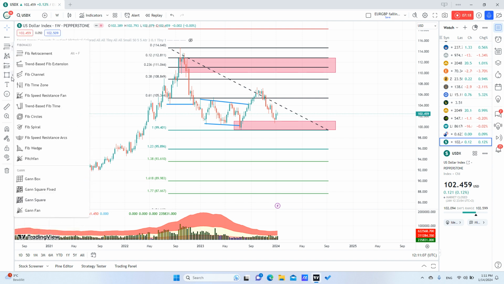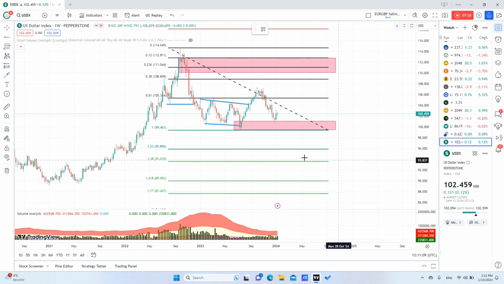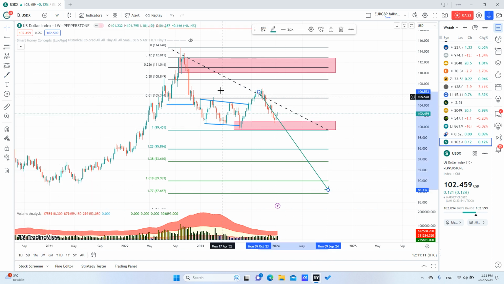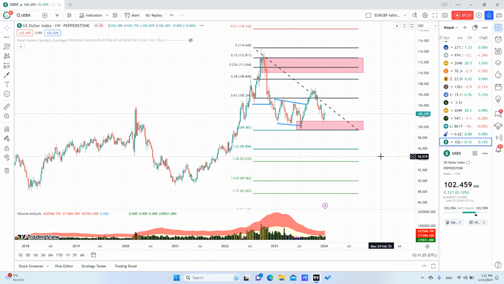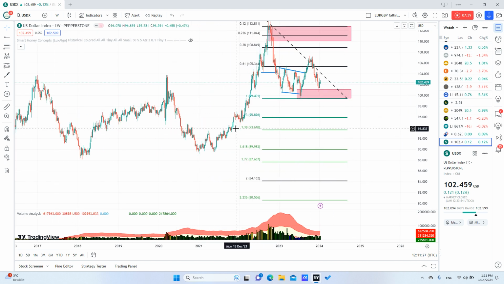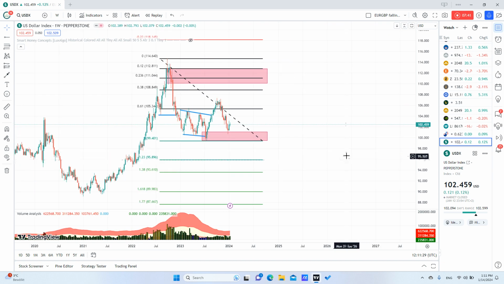I'm looking for a drop. Maybe it goes just down from here. It's like 1, 2, 3, and here is the correction. So if this is wave 1, this is wave 2, and this is 3, it will be a very long 3, I guess. So there will be some weakness on the dollar.